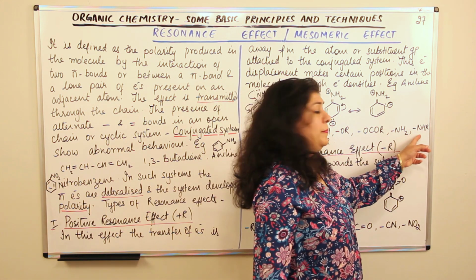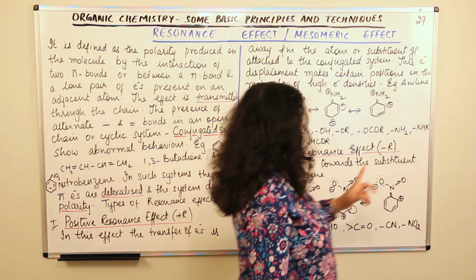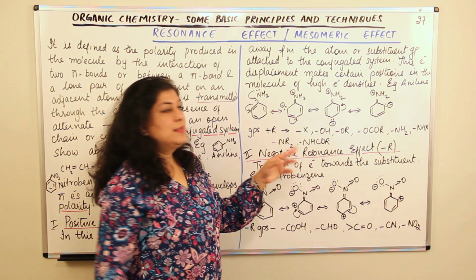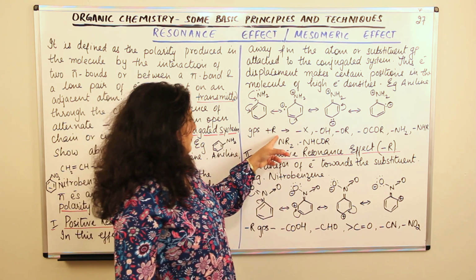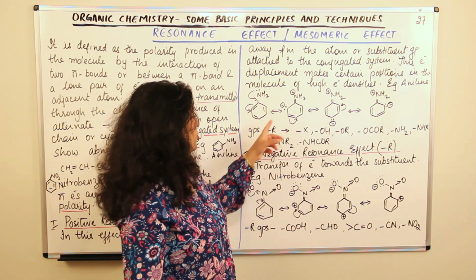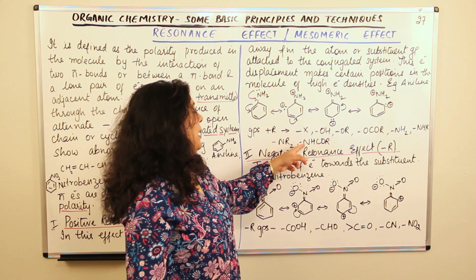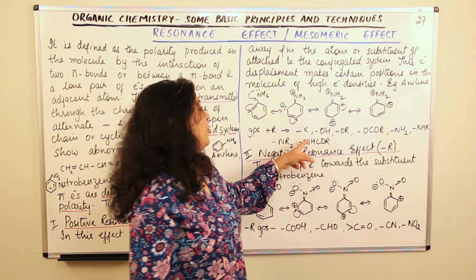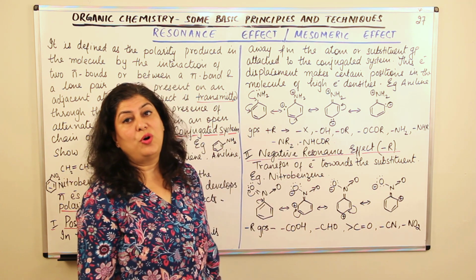In NHR, again, nitrogen would have a lone pair of electrons. NR2, that is all the amines, they would also provide, and NHCOR would also have a lone pair of electrons on nitrogen.